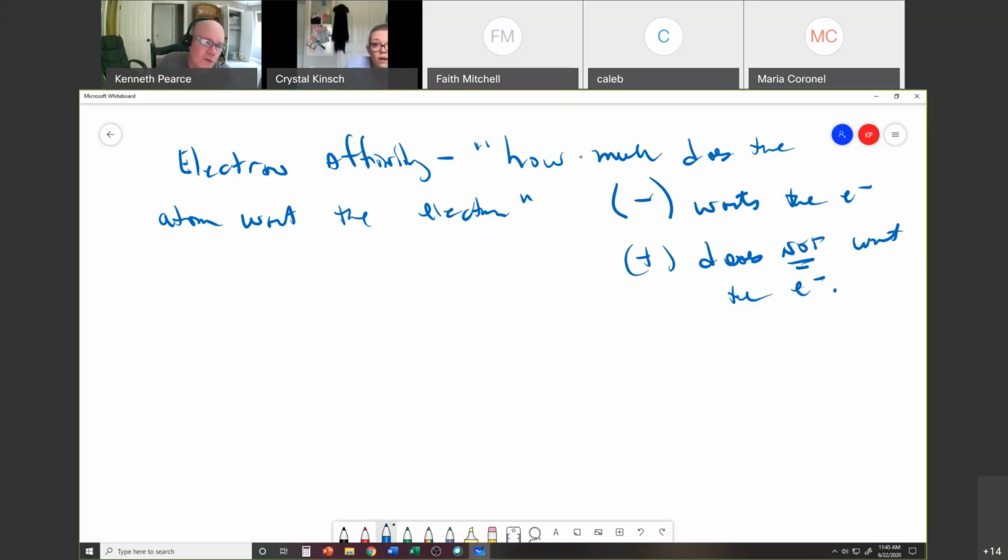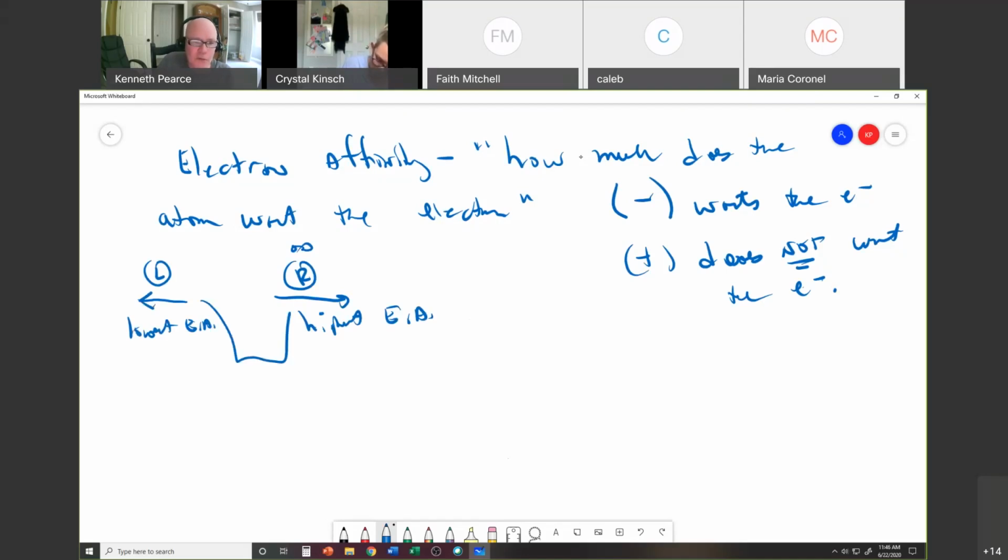Okay, and generally the way it works is like this. Over on the right-hand side of the periodic table, on the right, not left to right, but on the right is generally highest, E of A, electron affinity. And generally speaking, on the left-hand side, it's the lowest, E of A, generally, okay?